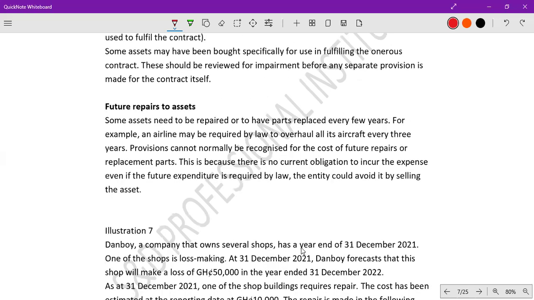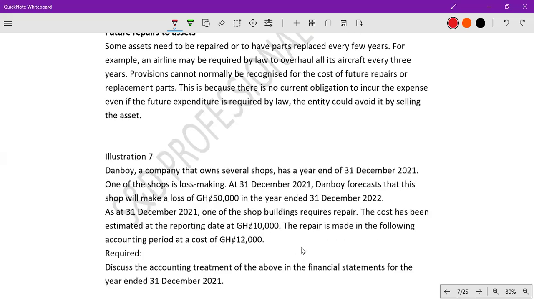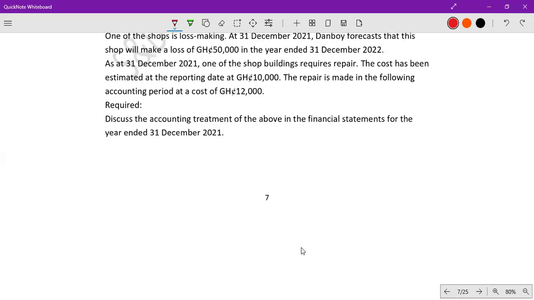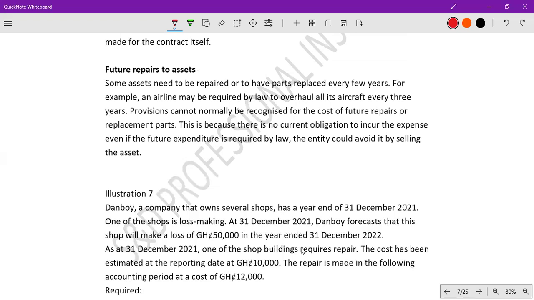Let me see. What's the National Cathedral? So, sir, what about the National Cathedral? Is it an onerous contract? Please, I refuse to answer that question. Because this is not to make profit or to make loss. So you can say it's an onerous contract.